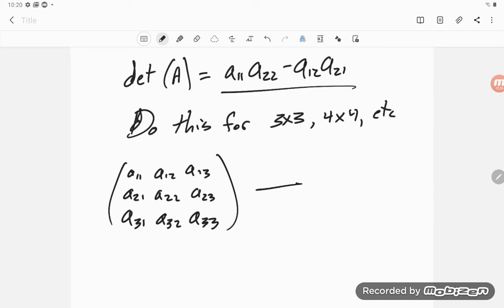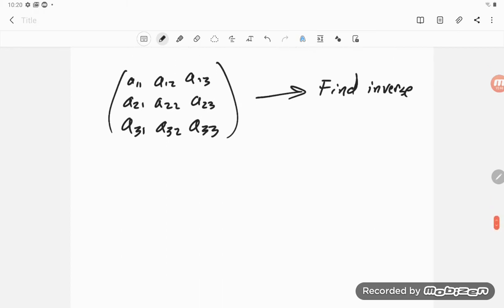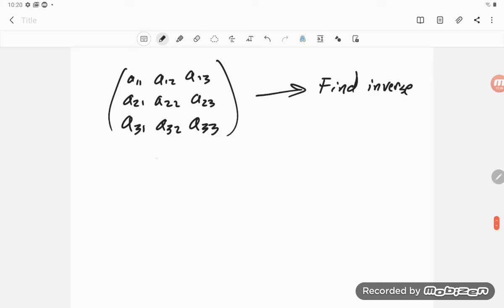If I go through that same process of finding the inverse, what I find out is that I am going to be dividing by, so I'll have this term 1 over, and I'll have A11 times A22, A33 minus A23, A32.